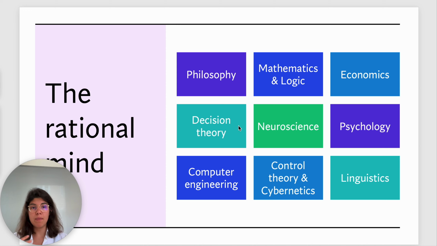And that's of course why you see mathematics and logic, and further on, if you wanted to study the history of the problem a little bit more thoroughly, you would see how economics, the theory of the rational agent, decision theory, of course neuroscience, psychology, linguistics, computer engineering, control theory, and cybernetics, all these fields and subfields have dealt with the question of what it means to be rational. What does it mean to be acting correctly and doing the rational thing?